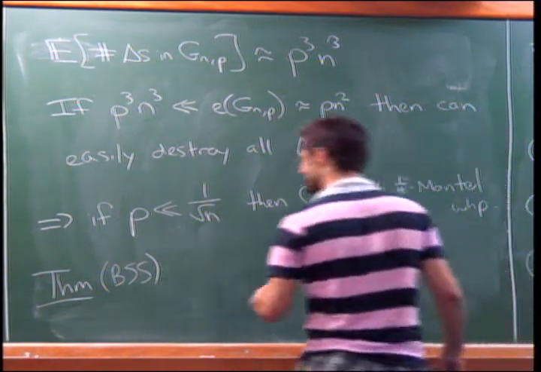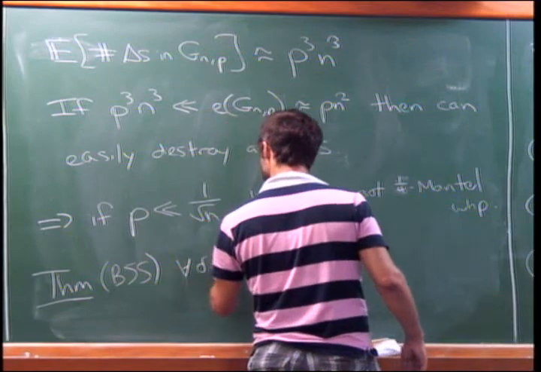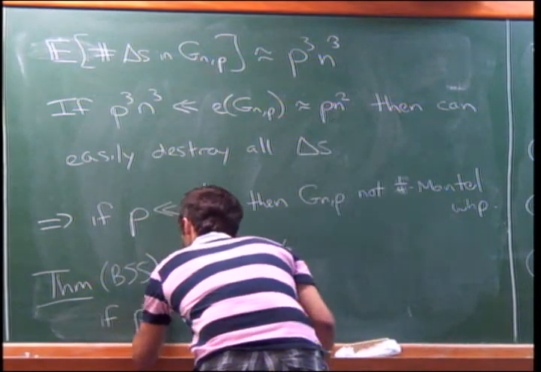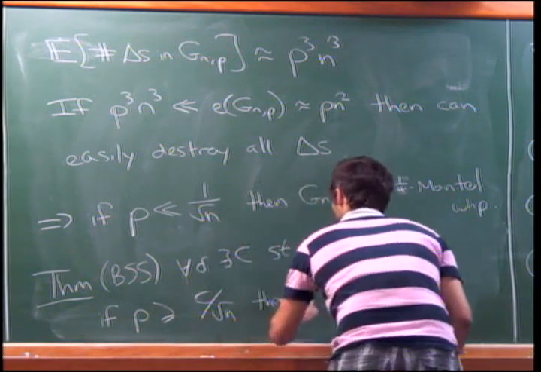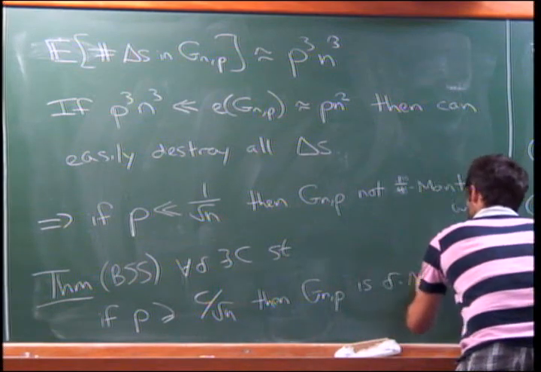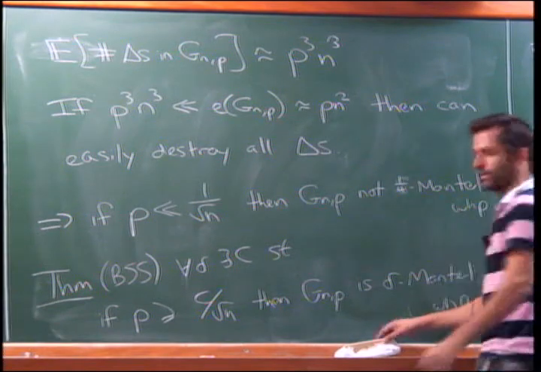I don't promise. That for all delta there exists a C such that if p is bigger than C over root n, then G(n,p) is delta Mantel with high probability.